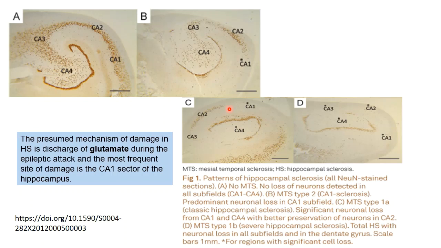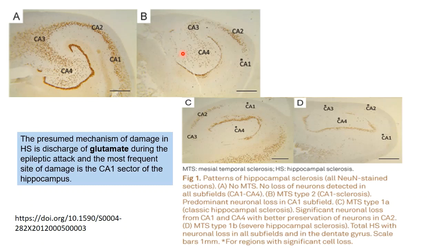Now, besides that, you must also remember: what is mesial temporal sclerosis? As you can make out in figure A, there is no loss of neurons and all the neurons in the dentate gyrus and in the CA1, 2, 3 and 4 sectors are normal. So there is no mesial temporal sclerosis.